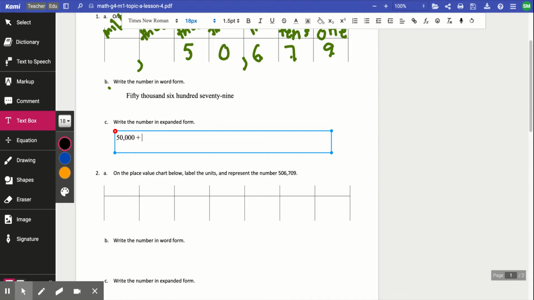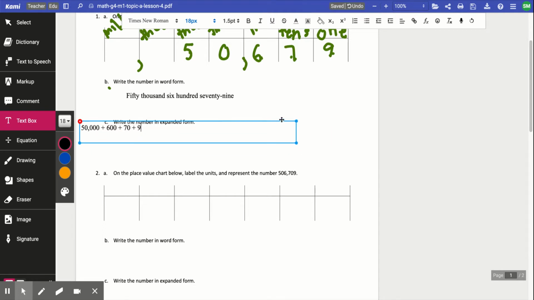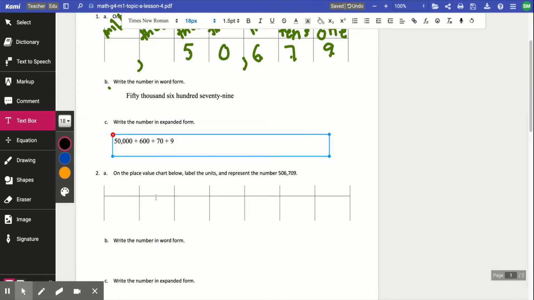So you could either make a 0 or just leave it blank. I like leaving it blank. 50,000 plus 600 plus 70 plus 9. You know you did it right if you were to add all of these numbers together, you would arrive at the final number.